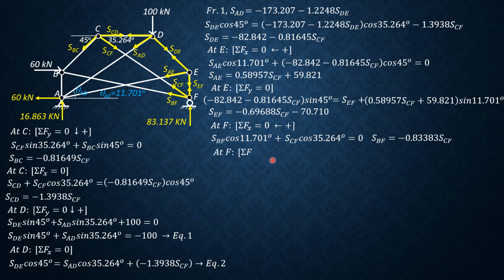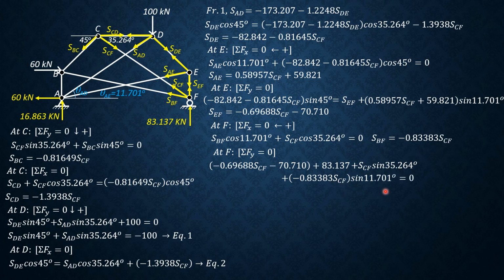Then summation forces Y equals 0. So SEF, which is quantity negative 0.6968 SCF minus 70.71, plus 83.137, plus SCF sine of 35.264, then plus SBF, which is negative 0.83383 SCF sine of 11.701 degrees equals 0.